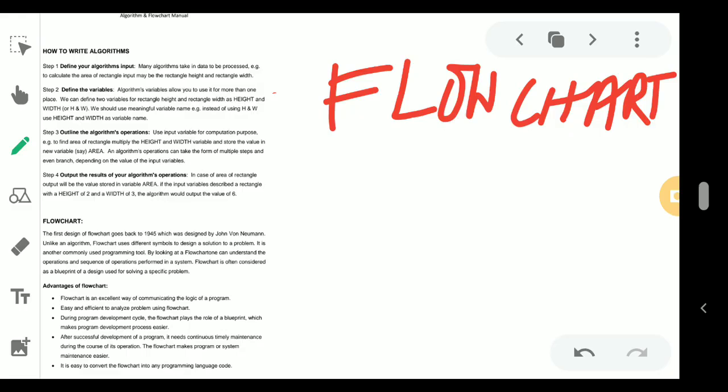What are the advantages of using a flowchart? A flowchart is an excellent way of communicating the logic of a program. When you are writing a program, if you draw the flowchart beforehand, it will be easier. Why? Because it is a graphical representation of a program.